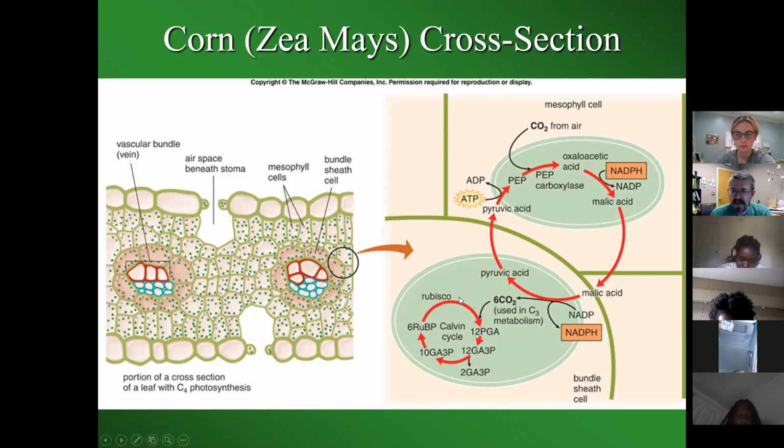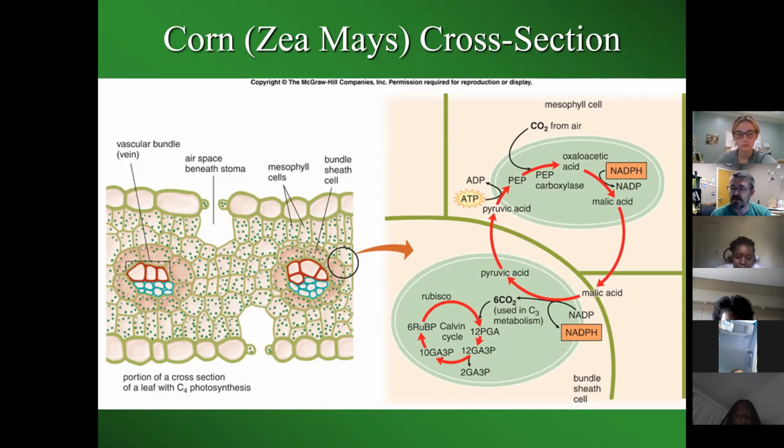So what we have is a situation where we try to keep the oxygen and the carbon dioxide from interfering with one another. Remember, in C3 plants, when you have photorespiration, it's because you close your stomata and you end up with too much oxygen. Well, here, when you can't get as much carbon because you're not opening and closing your stomata as much, what do you do?